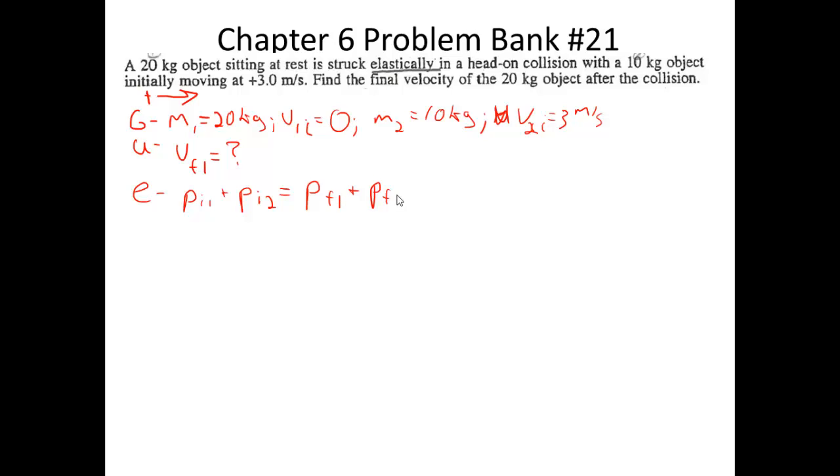We will also use that because we have an elastic collision and because we have not enough knowns to find our unknown, we'll use our velocity initial of the first object plus the velocity final of the first object is equal to the velocity initially of the second object plus the velocity final of the second object.